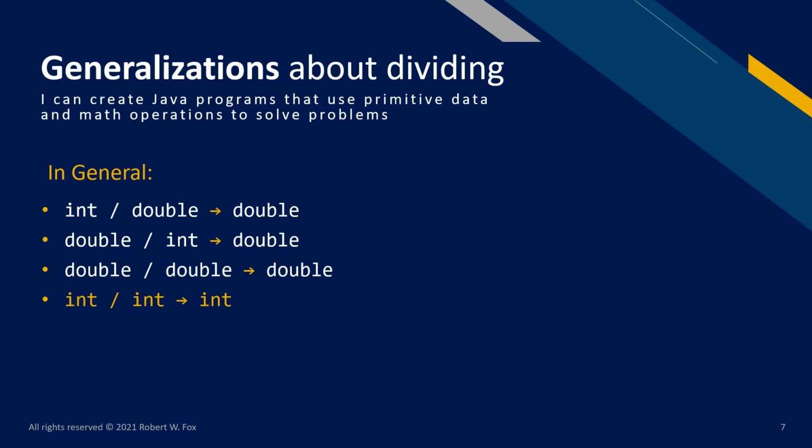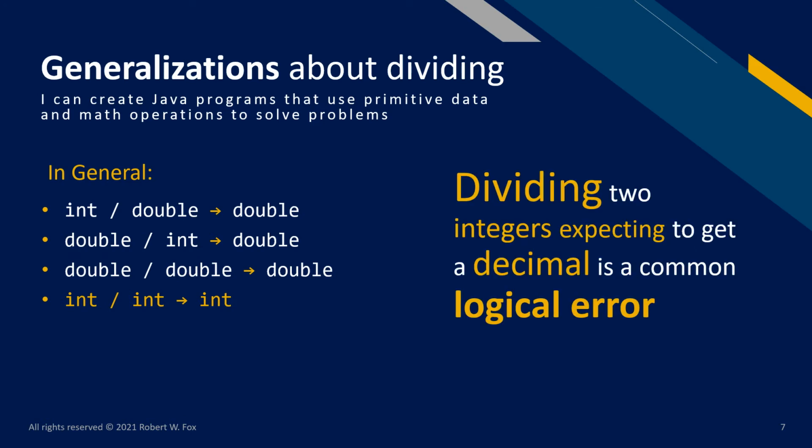However, if the numbers we divide are both integers, Java will produce an integer answer. In other words, no decimal point. And this ends up being a common logical error. When we take two numbers that are integers and we divide them and we expect a precise decimal answer, but we end up getting a wrong answer because we're doing an int divided by int.